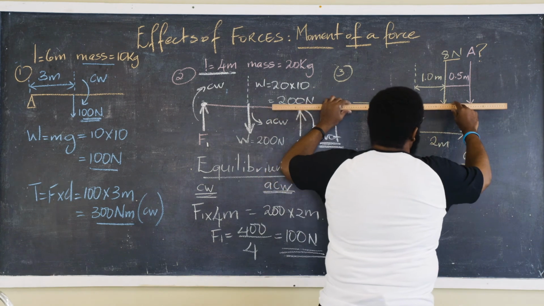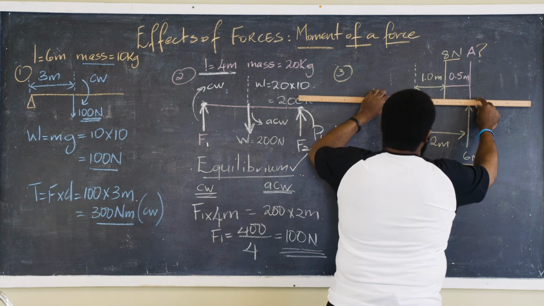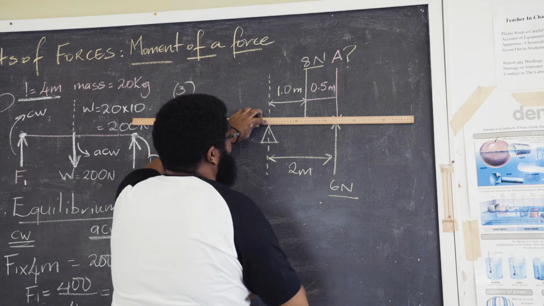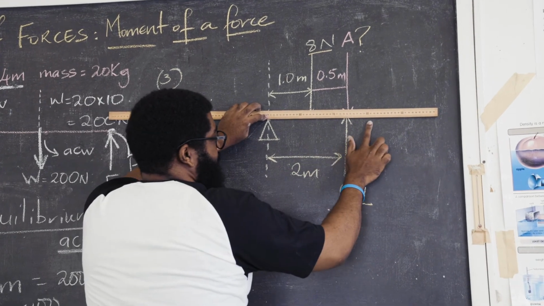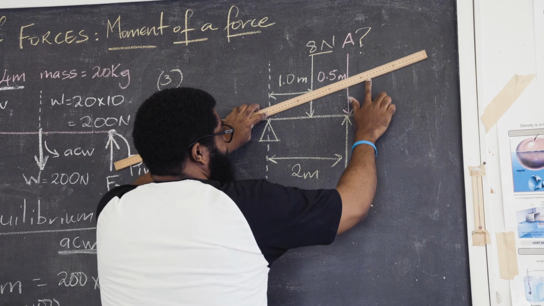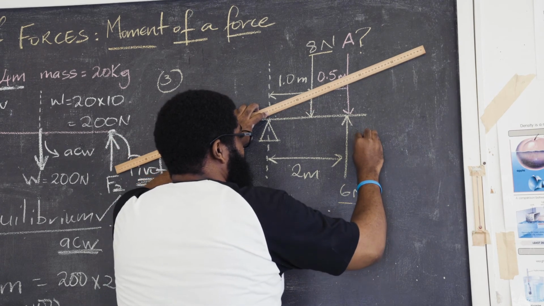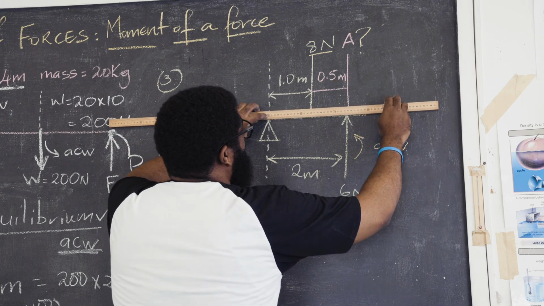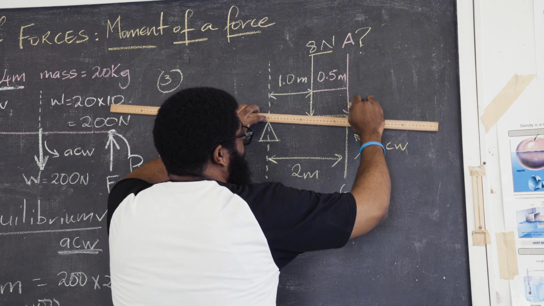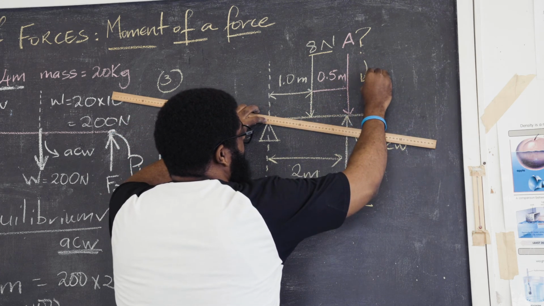So, let's see if I can put, yes, the pivot. Green force, 6 newtons, acting from the bottom up. I do believe this is anti-clockwise. And then over here, acting down, I do believe this is clockwise.